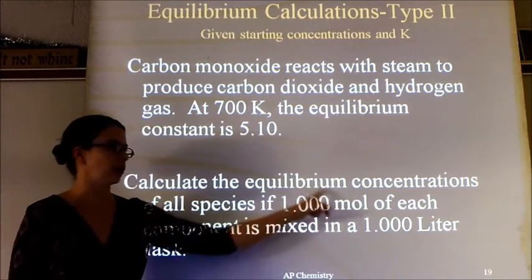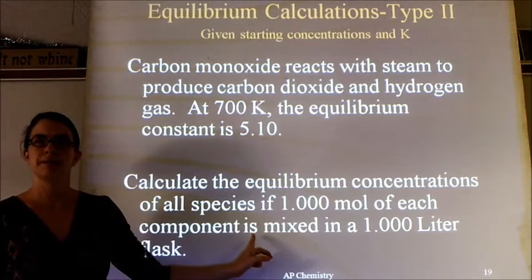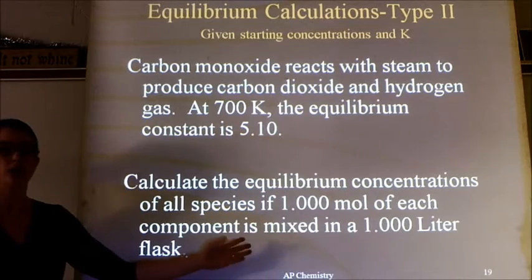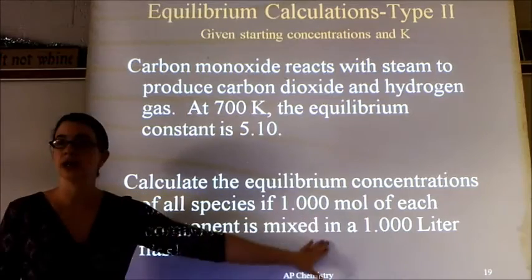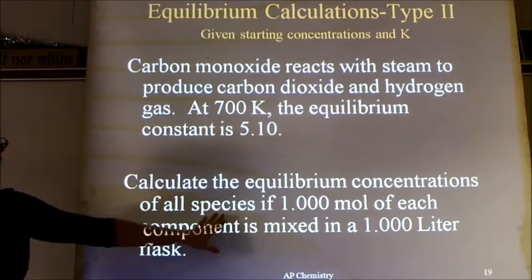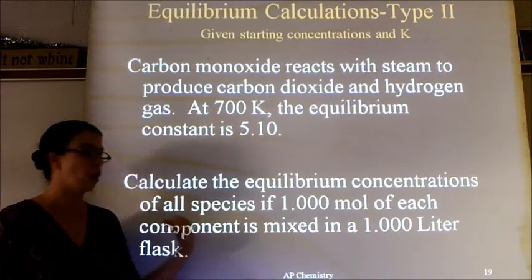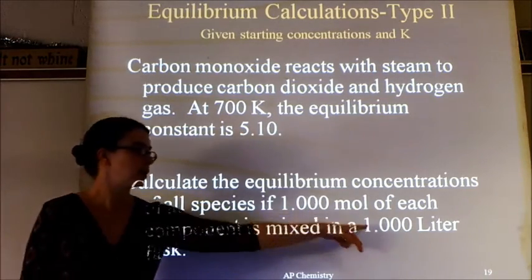What am I dealing with here? What are these conditions? Initial conditions, equilibrium, what? These are my initial conditions. And I kept the numbers really simple. 1 mole of all of the pieces in a 1 liter flask.